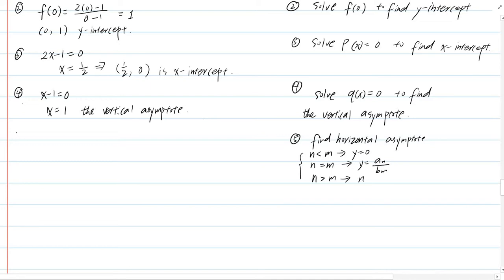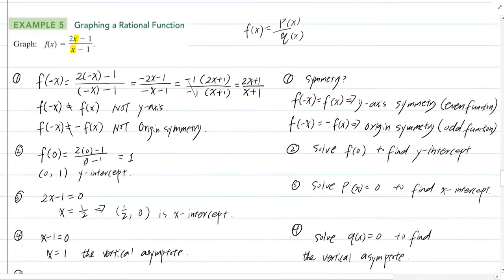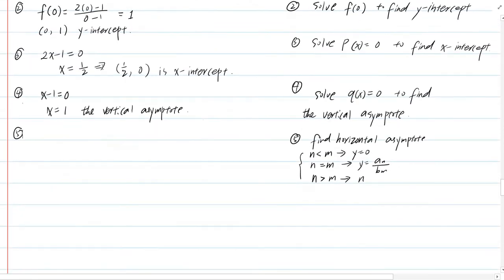So let's take a look at step 5. If you look at the original function, the degree of the numerator is 1. The degree of the denominator also is 1. So that means your n is 1, and your m is also 1.